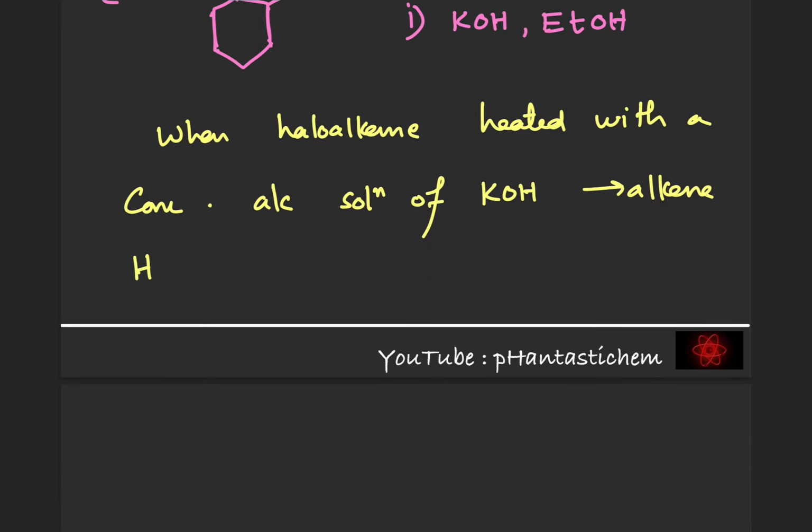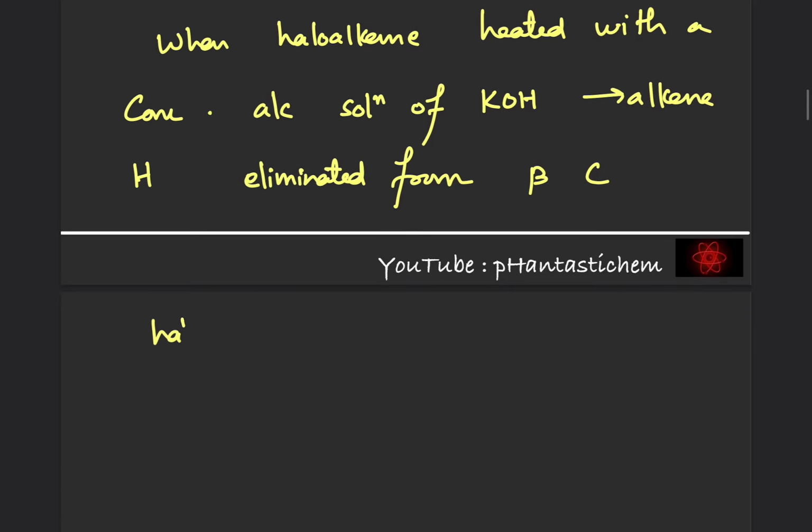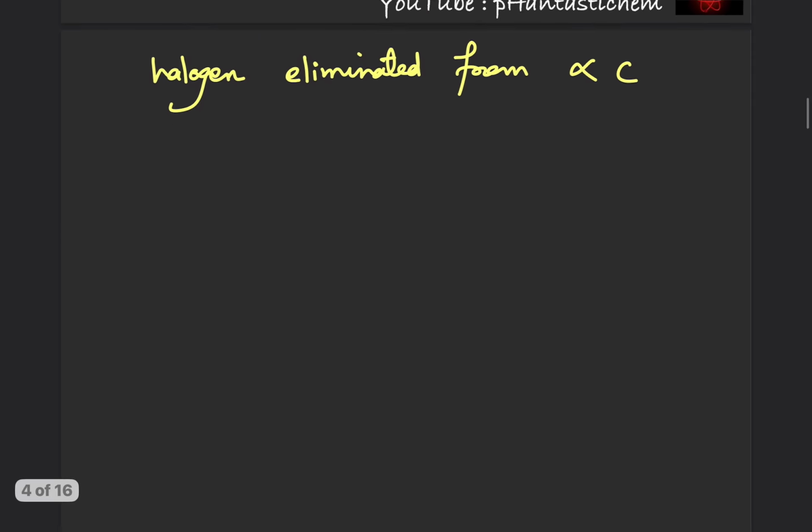Hydrogen is eliminated from the beta carbon and halogen is eliminated from the alpha carbon. To understand this, let's look at our starting compound of C.